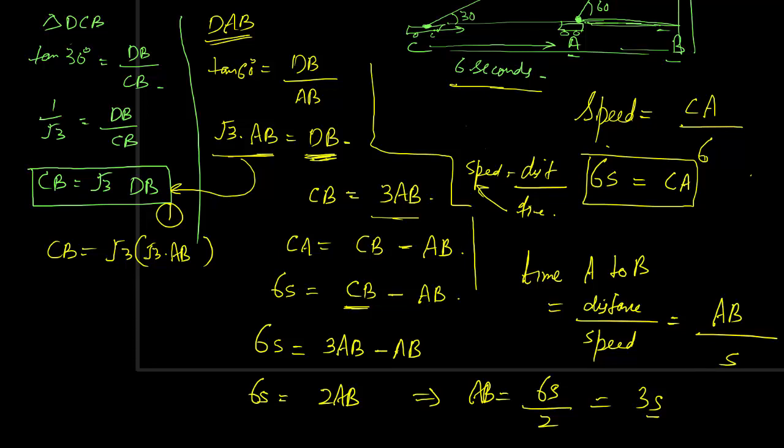So we can write AB as 3S divided by S. S and S will cancel out, so time taken is 3 seconds. If you're having any confusion in this question, try to see the video again and do it yourself so that it'll be more clear.